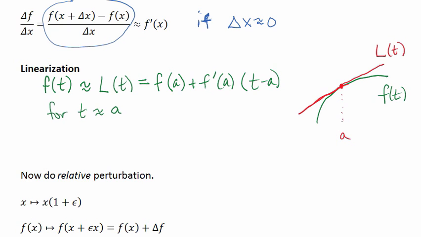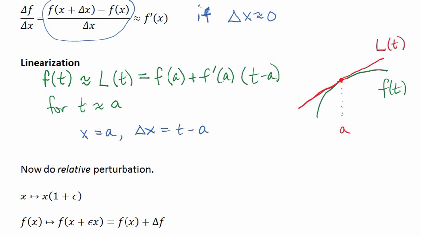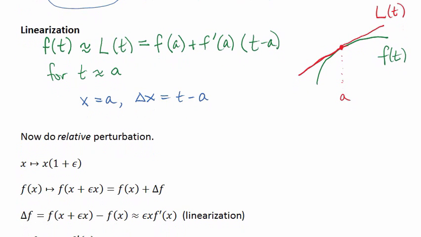So it's all the same as what I did above, where instead of a, we call it x, and instead of delta x, we have t minus a. So it's the same approximation as the one above using the derivative through linearization.